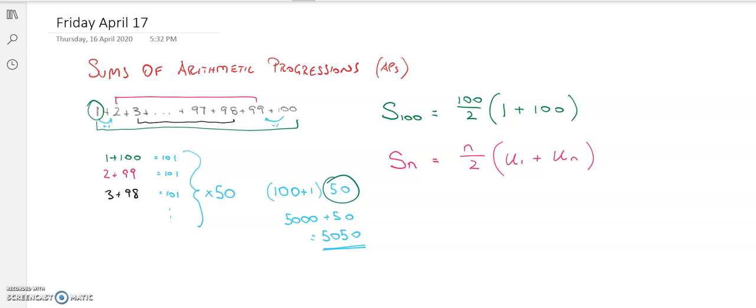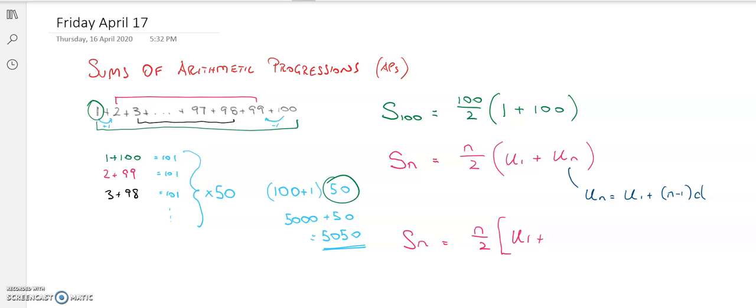Now, sometimes, however, we don't know what this last term is. But we walked into this lesson knowing what un equals. Un, we have an expression for un using our first term and our common difference. And there it is there. So I can rewrite this in another way that is going to be perhaps more useful for us more often.